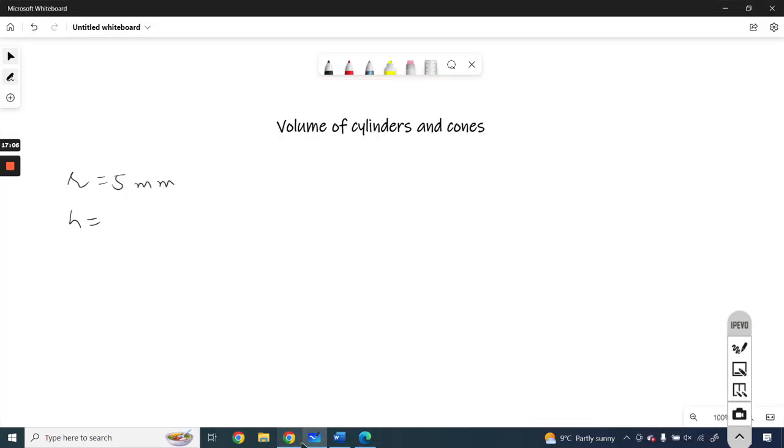Whenever you have to find the volume of the cone, you have to use the formula V equals 1 by 3 pi r square h. Just keep this important formula in your mind. Just put all the values and calculate using a calculator.